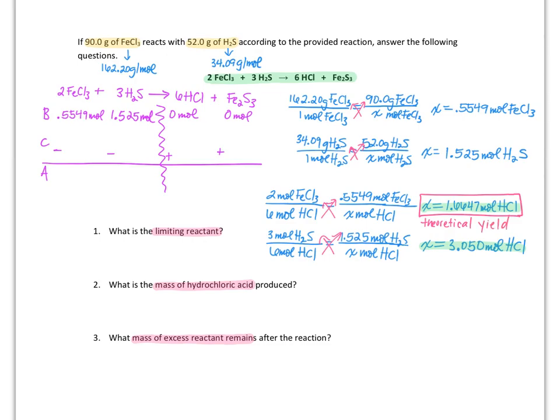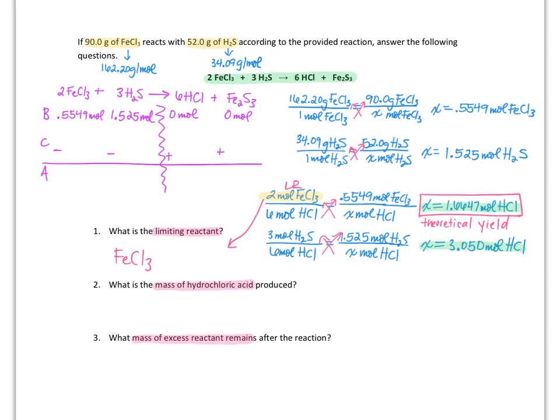This tells us that the reactant we used to form that number of moles, which for us is our iron chloride, is going to be our limiting reactant. Okay, so that is FeCl3. We're going to use up all of that iron chloride.